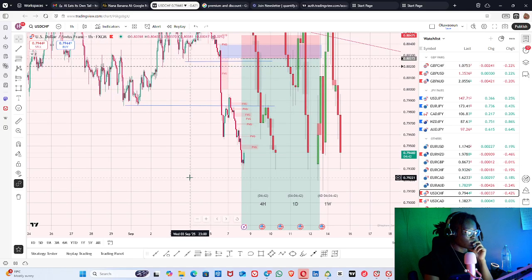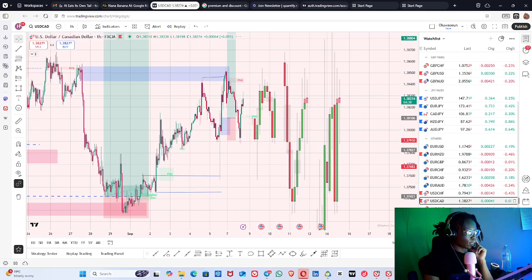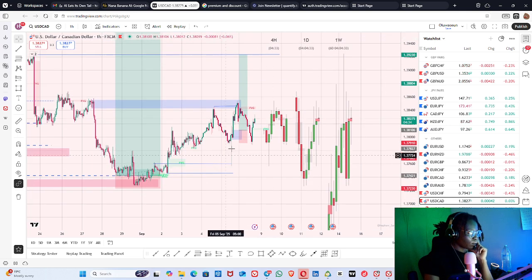Sunday, this has been selling. If price just comes to this area, just tag me in. This one took me out. Price took me out here. 13 USD card.